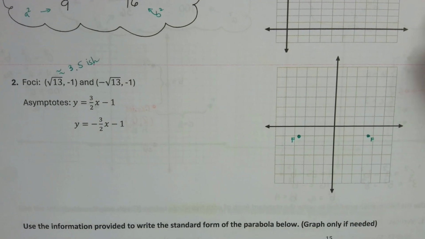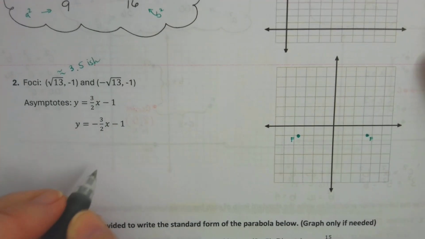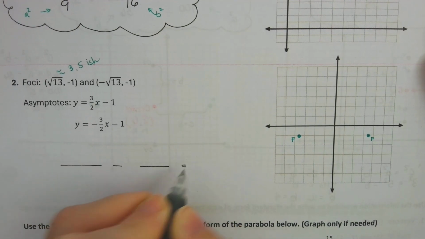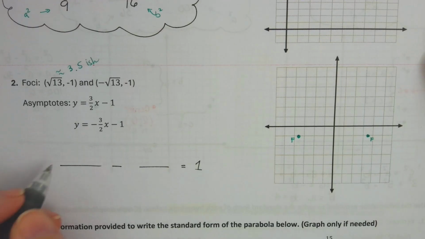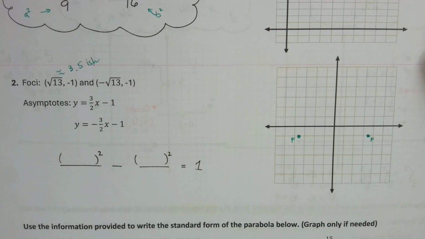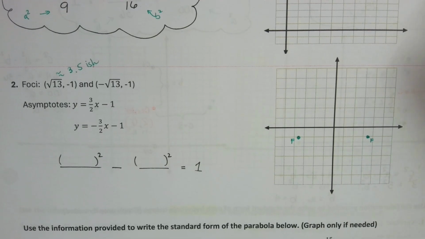Okay, if we think about just the standard form of this again, we'll have a fraction minus a fraction equal to 1. We'll have some sort of parenthesis that's squared, some sort of parenthesis that's squared. Can you tell which way this one faces just based on the fact that the foci are left and right of each other? Horizontal.